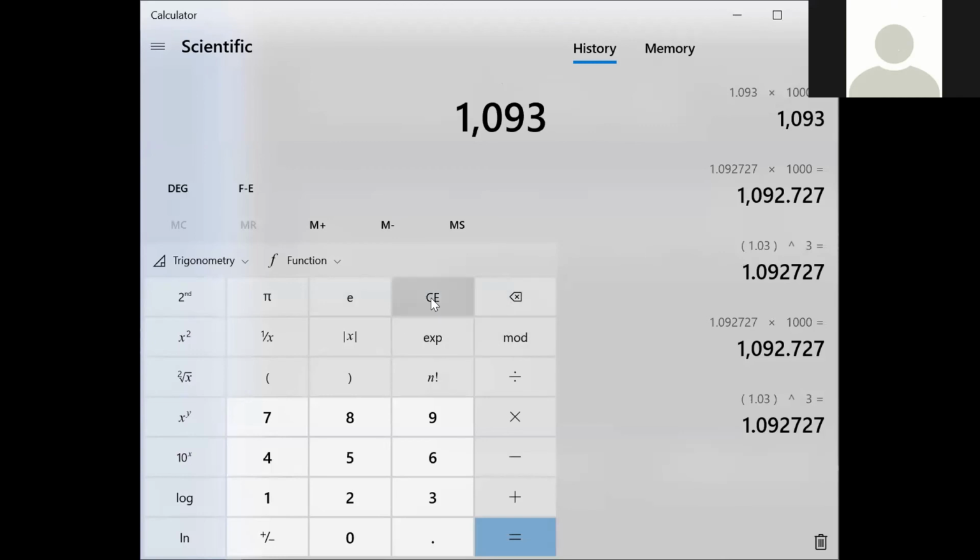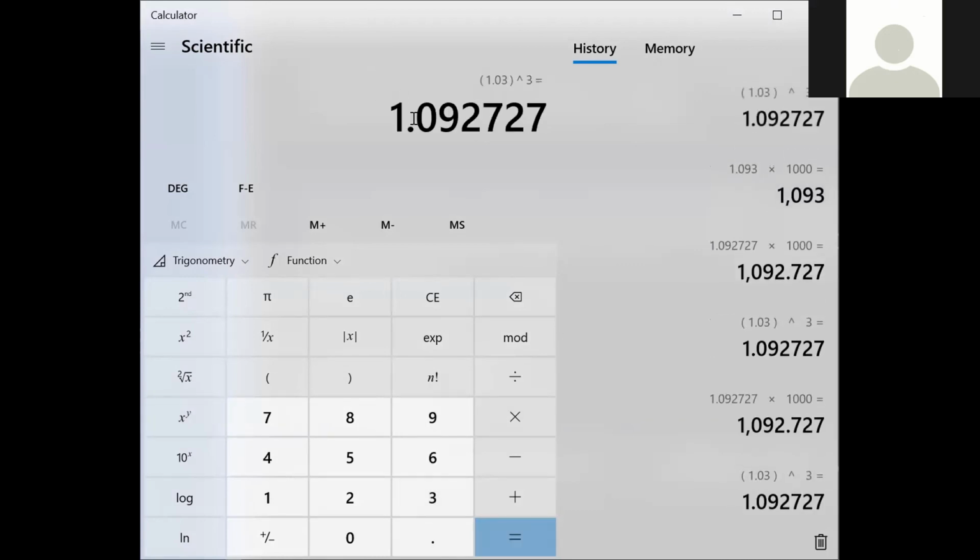Let's look at an example in the calculator. So how we go about it, we're going to try to capture the figure. Basically, we already had it before, which is open bracket 1.03 close bracket, and we raise that to 3, and that's 1.09272.